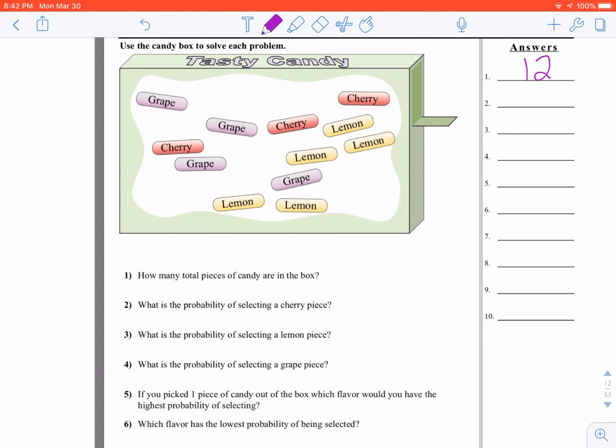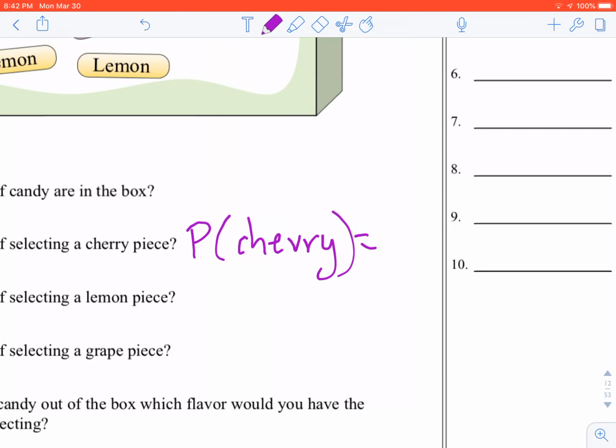Number 2 is asking the probability that we are selecting cherry. I'm going to slow down a little bit here. Remember that we are using favorable over total. You are writing out favorable over total since these are our notes.